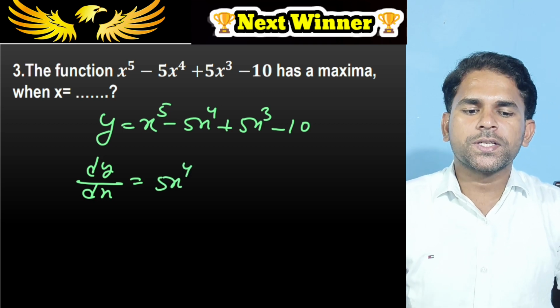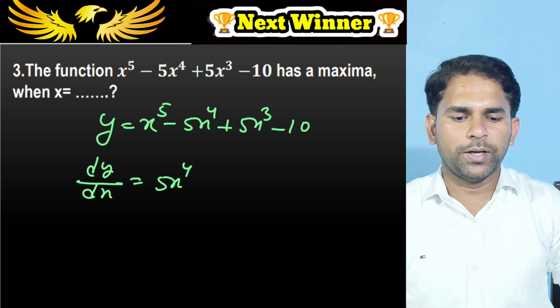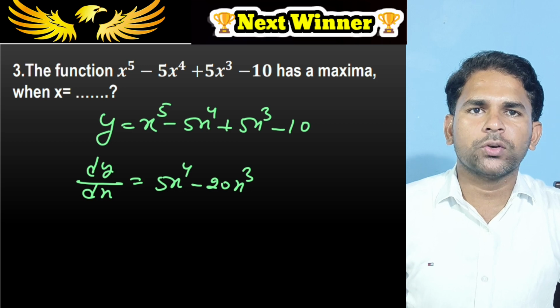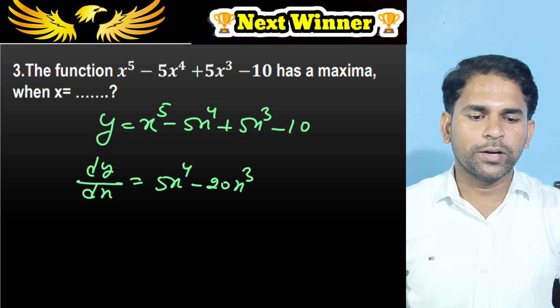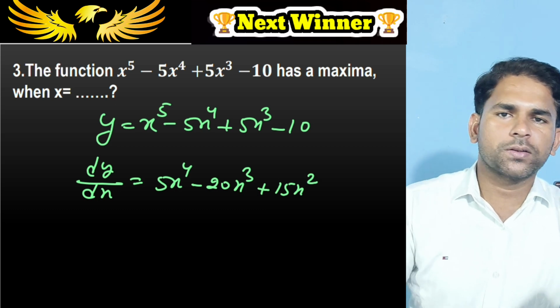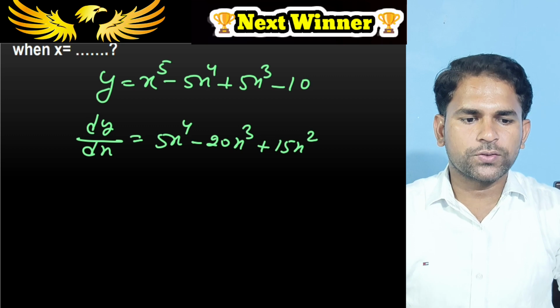Very good. Differentiation of x^4 gives 4x^3, so 4 multiplied by 5 means 20x^3. Differentiation of x^3 gives 3x^2, so 3 multiplied by 5 means 15x^2. Differentiation of a constant means 0, so no need to write the differentiation of -10.